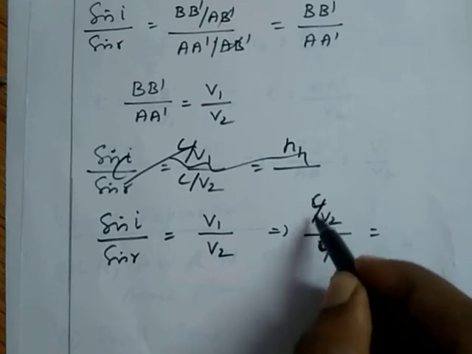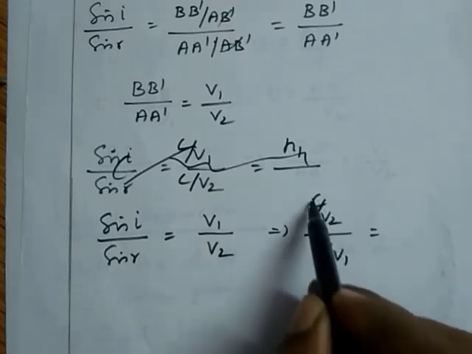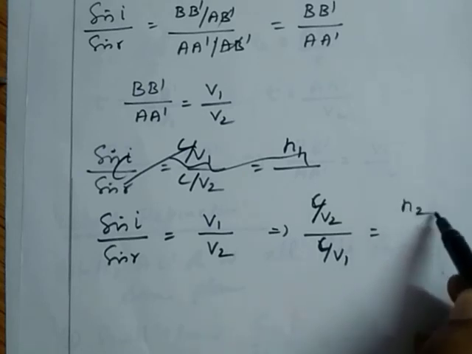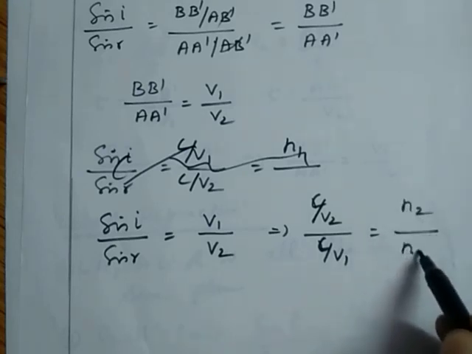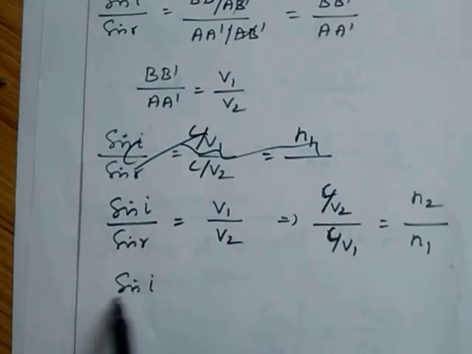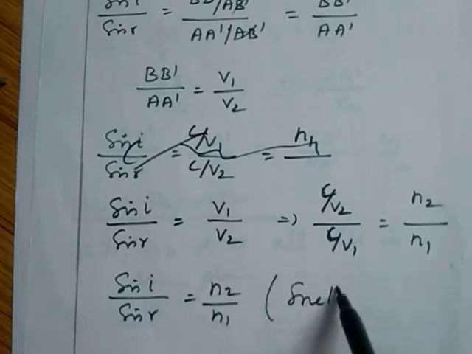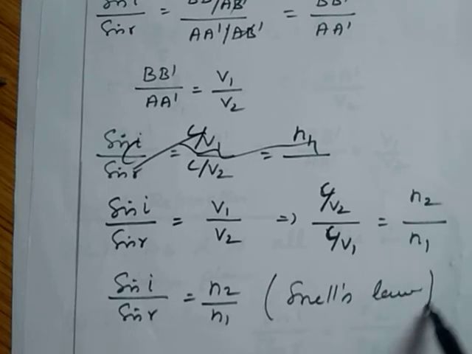Here we get the velocity of light in vacuum to the velocity of light in medium, that is known as the refractive index of the medium, n2, and here it is the refractive index of the medium n1. Then we get sin i by sin r is equal to n2 by n1. The law of refraction, that means Snell's law, is proved.